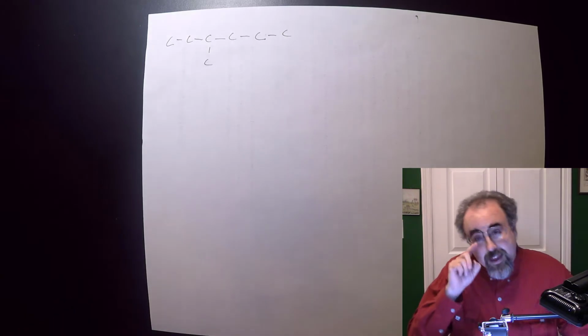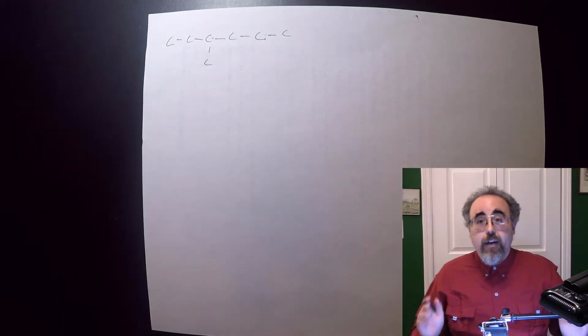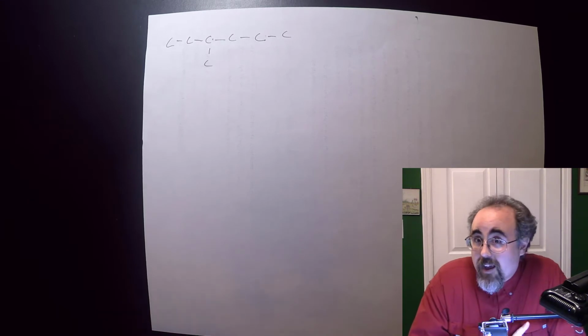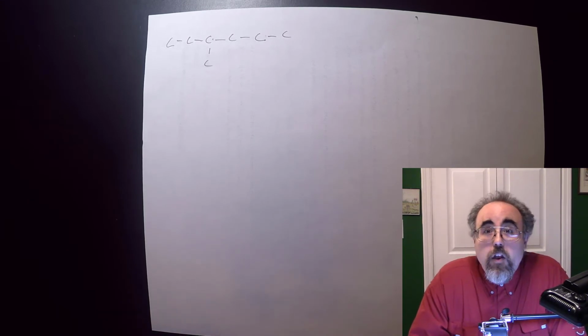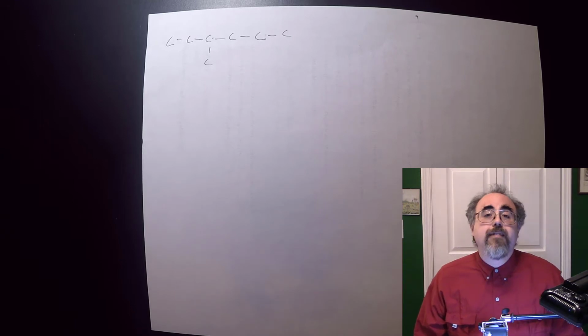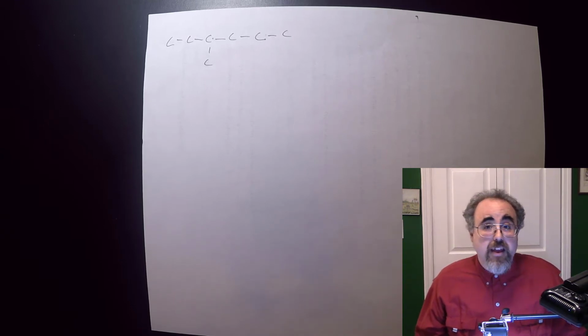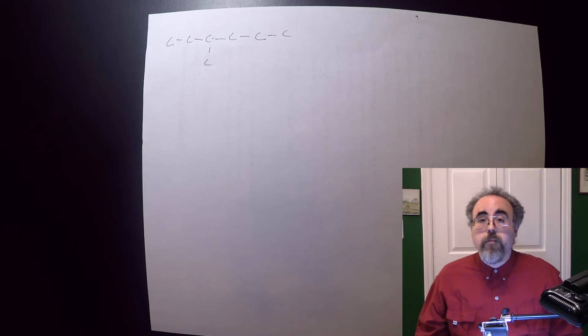In this case, I have 1, 2, 3, 4, 5, 6, 7 carbons, but I am not going to call this a heptane. This is still a hexane, because when I get the name, that is the name of the longest continuous chain of carbons. It is not the name of the total number of carbons.